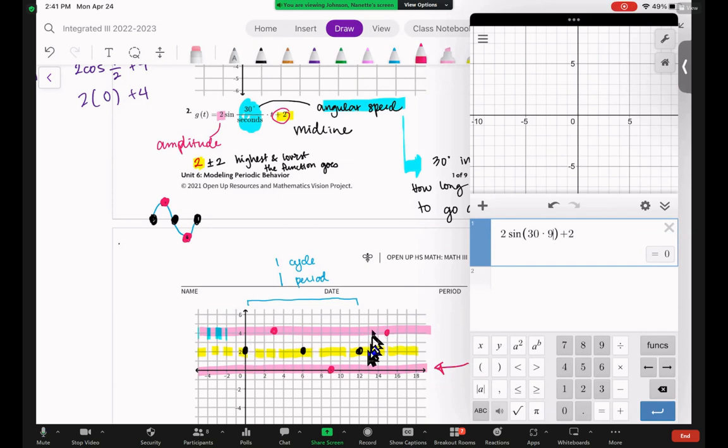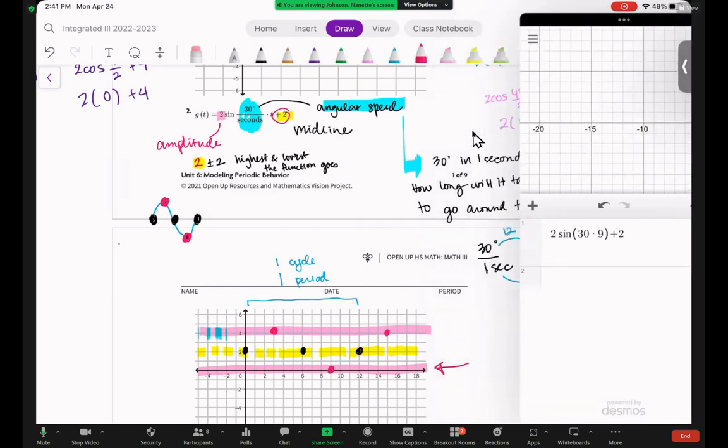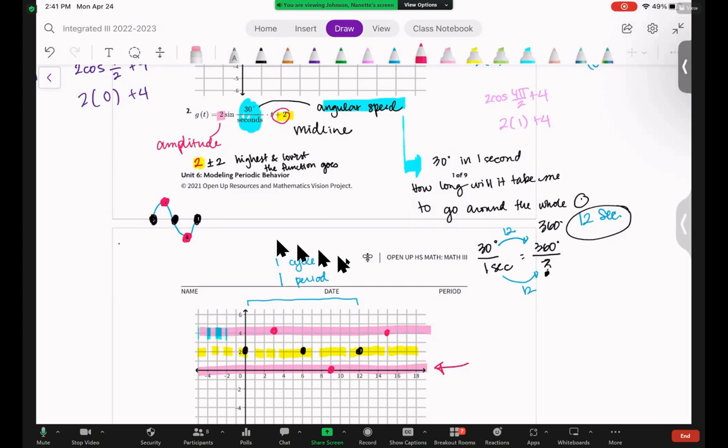Does that make sense? So you should be able to, on our tests, right, number one, describe what everything is and how it affects the graph. Describe everything and then how it affects the graph.